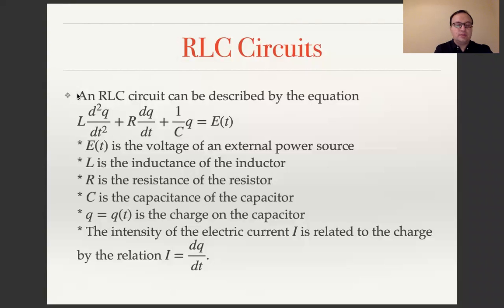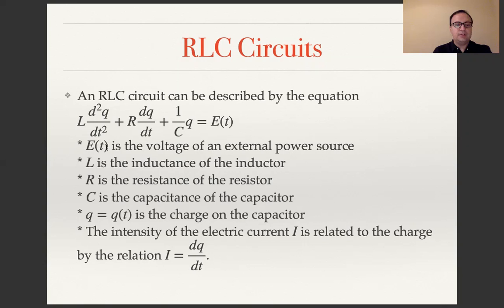All right, now let's have a look at RLC circuits and solve the equation by means of the Laplace transform. An RLC serial circuit can be described by the equation L times the second derivative of Q plus R times Q prime plus 1 over C times Q is equal to E of t.